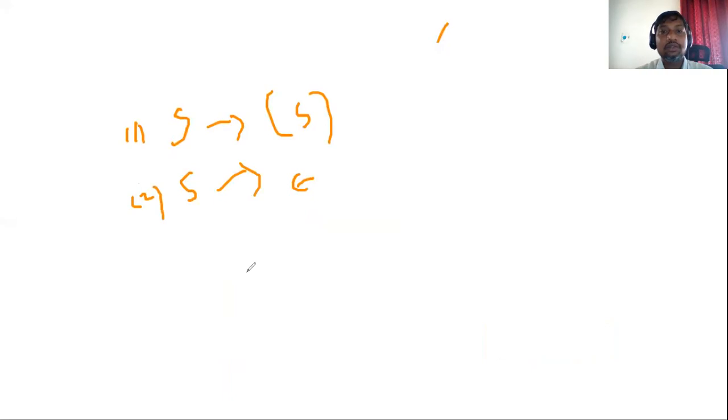All of you please compute the first and follow sets, and tell me the entries corresponding to the parsing table. Construct a parsing table for this. Write your answers in the chat box.